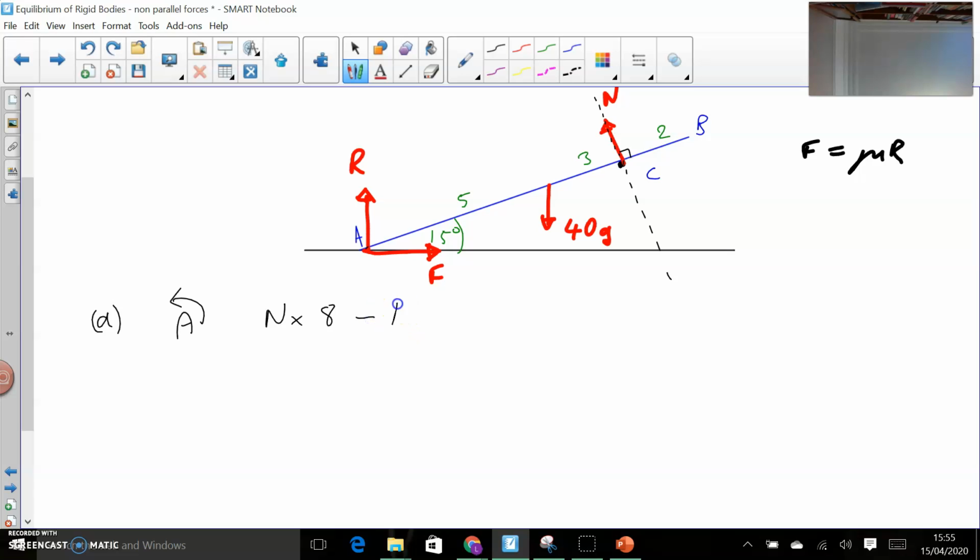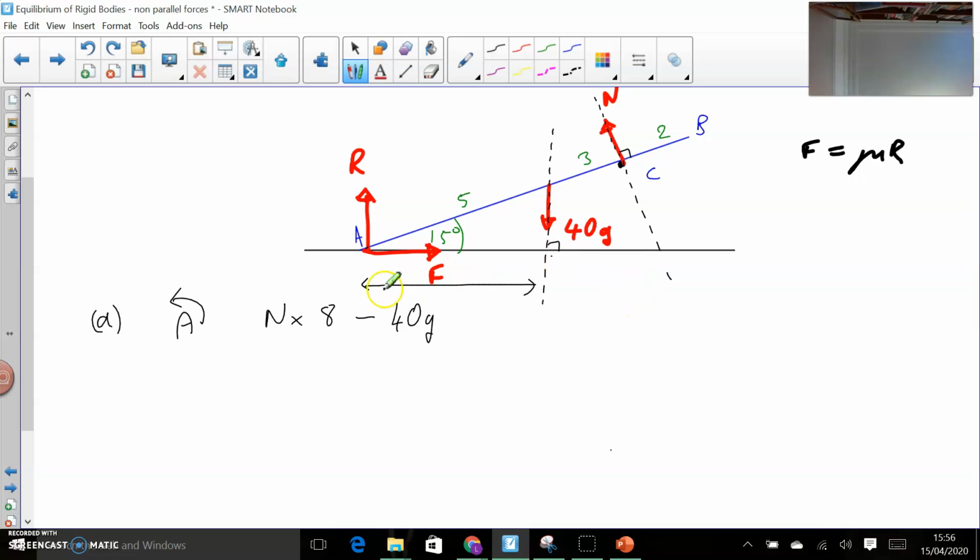And it's minus 40g times the perpendicular distance from the line of action of the force. So here's the line of action of the force, the line that goes along the arrow, and that's a perpendicular from A, so A to that point is this distance here.